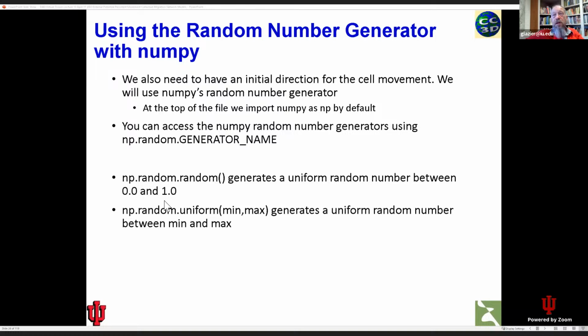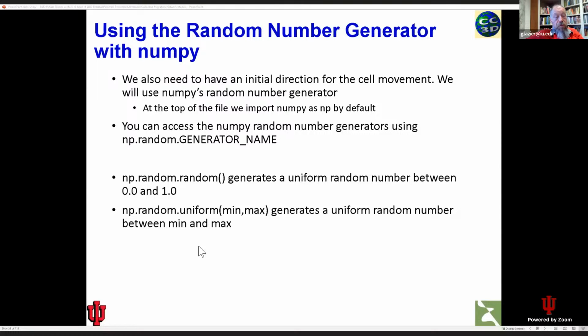The ones we'll use are np.random.random, which takes no argument, which simply generates a uniform random number between 0 and 1. And np.random.uniform, which takes as an argument min and max and generates a uniform random number between min and max.